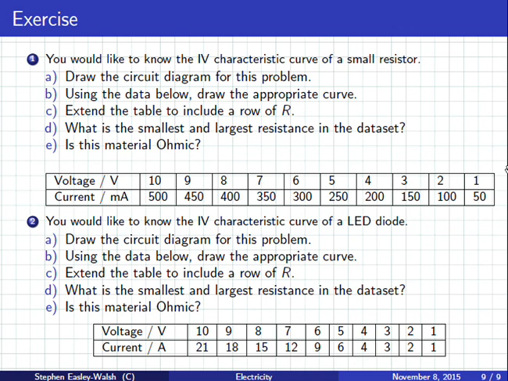Now, just to finish on this, here is V, here is I, here is my graph. The slope would equal this over this. This is the slope, which would be the change in the current over the change in the voltage.